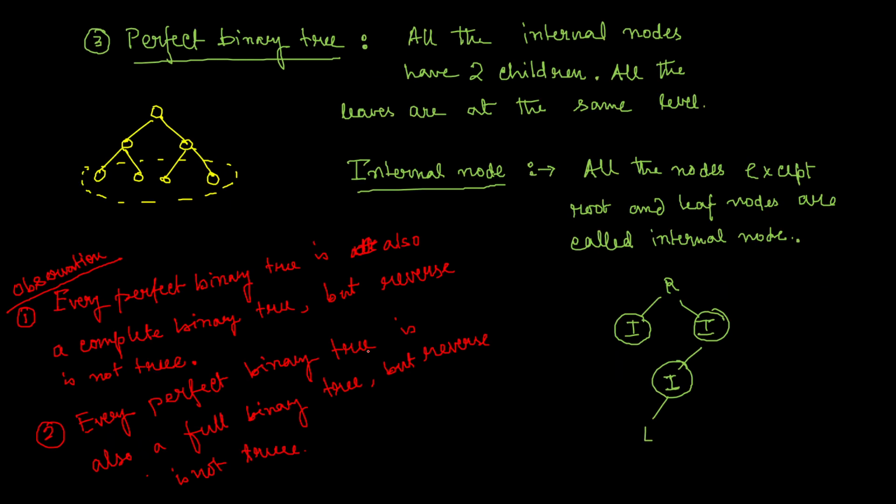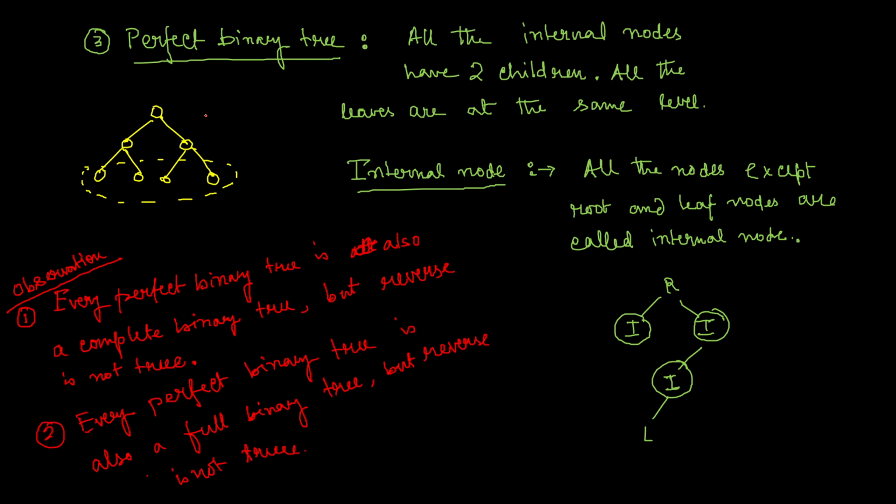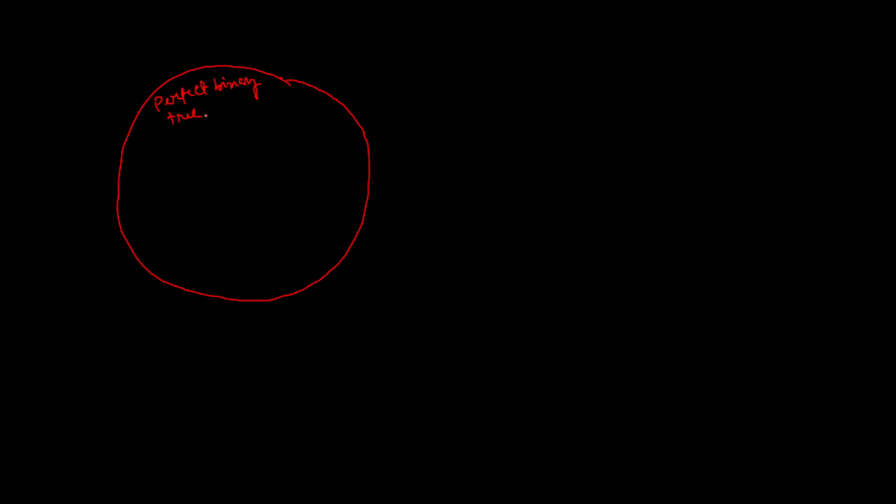So if you make a Venn diagram with these three sets, the Venn diagram will look something like the set of perfect binary trees. I'm sorry, I made a mistake.